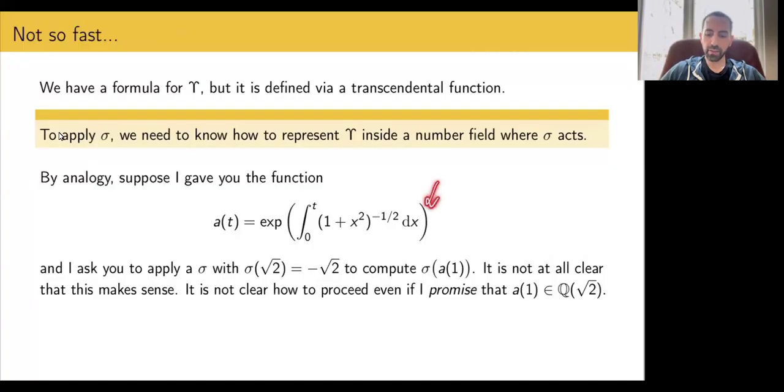It's not at all obvious that this thing isn't just a transcendental number. And I say, okay, I promise you it's in Q adjoin root 2. It still doesn't help you because you don't have any way to represent it over a basis for this as a vector space, right? You would need to express this in terms of linear combinations of rationals and root 2 and maybe some higher order algebraic things. Otherwise, there's no way you know how this thing acts.